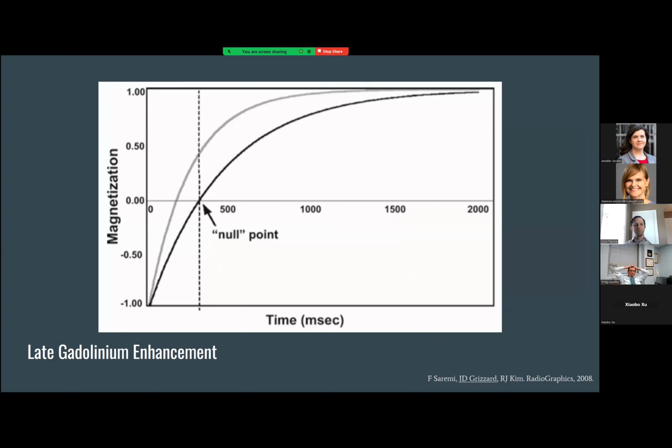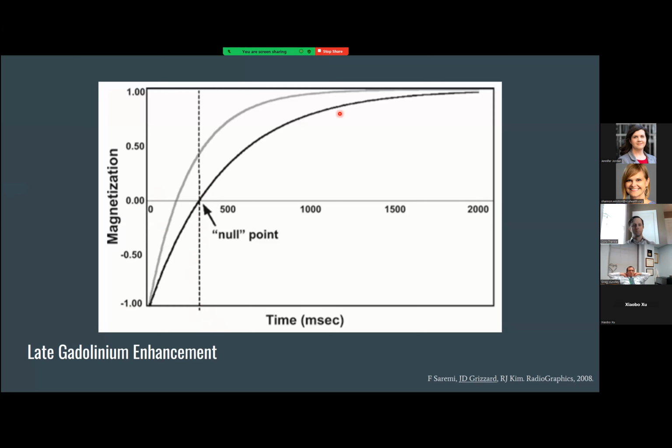With our LGE images, if we think back to the way that the pulse sequence and the theory of LGE is designed, what we're doing is looking at two different tissue signal intensities, and we pick the time to take our image, the inversion time, right here, when our healthy tissue, the black line, crosses the zero of our magnetization.